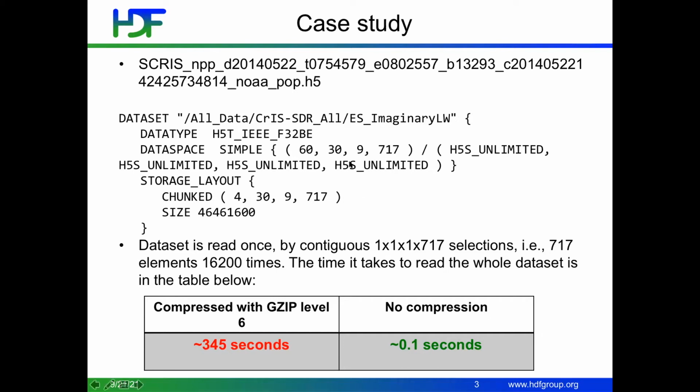And you see the chunking parameters here. Those are the dimensions, and chunking is done along the fastest changing dimension. There are 15 chunks for this particular dataset. The application was reading that dataset just once, but the read pattern was by scan line, along the fastest changing dimension.